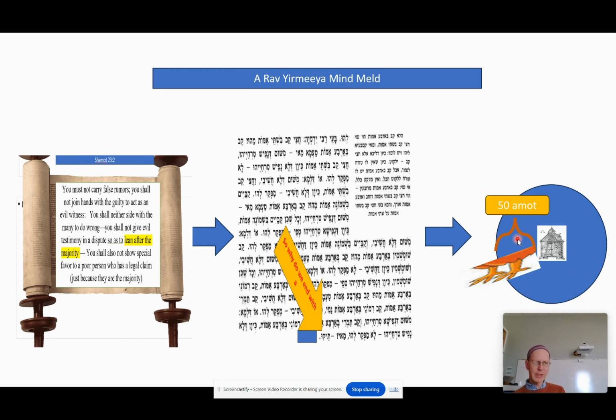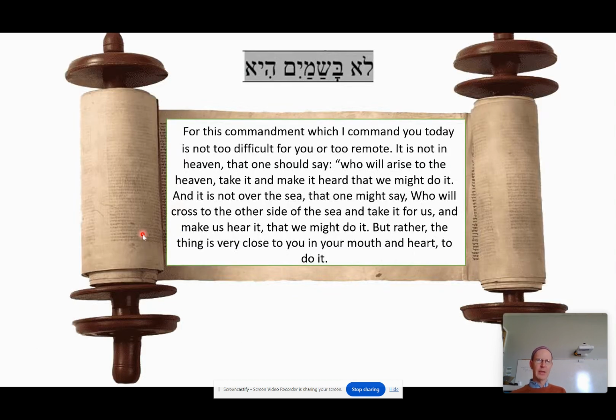And then question number three is, is it similar or different than what he's doing with the teku piece? Now we're going to look at one other piece here, where it says to lean after the majority. If you remember the idea of lo bashamayim hi in the Torah, Moshe brings it up and says the Torah is not so far away.